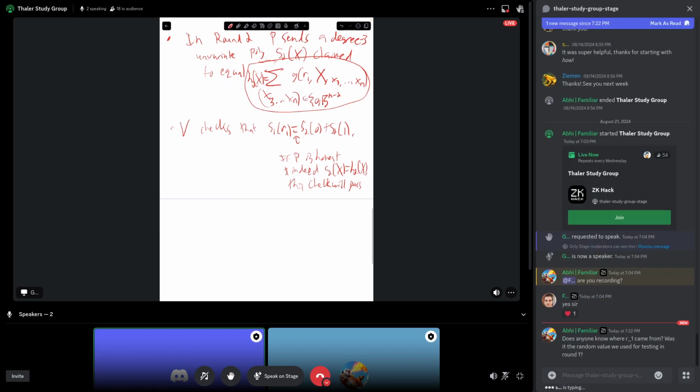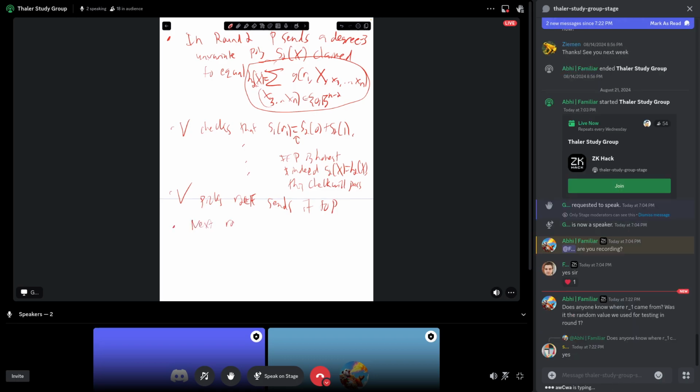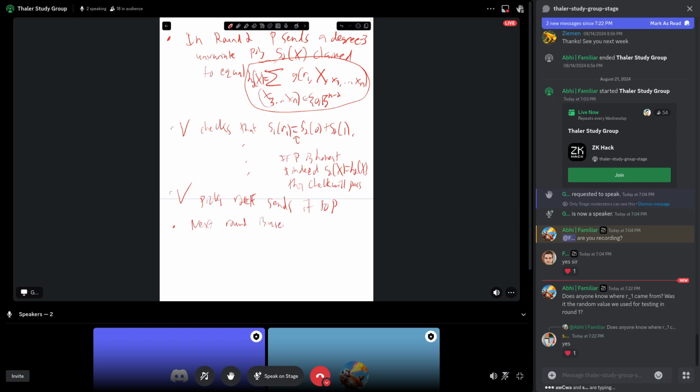And so on and so forth. That's how SumCheck proceeds. Every round, the verifier picks another random field element and sends it to the prover. And then they use the next round to confirm that S2 of R2 equals H2 of R2.